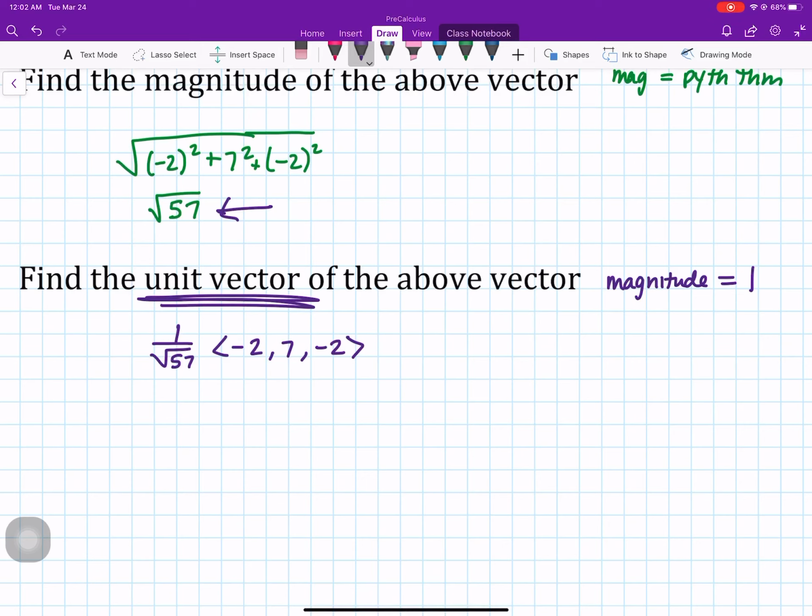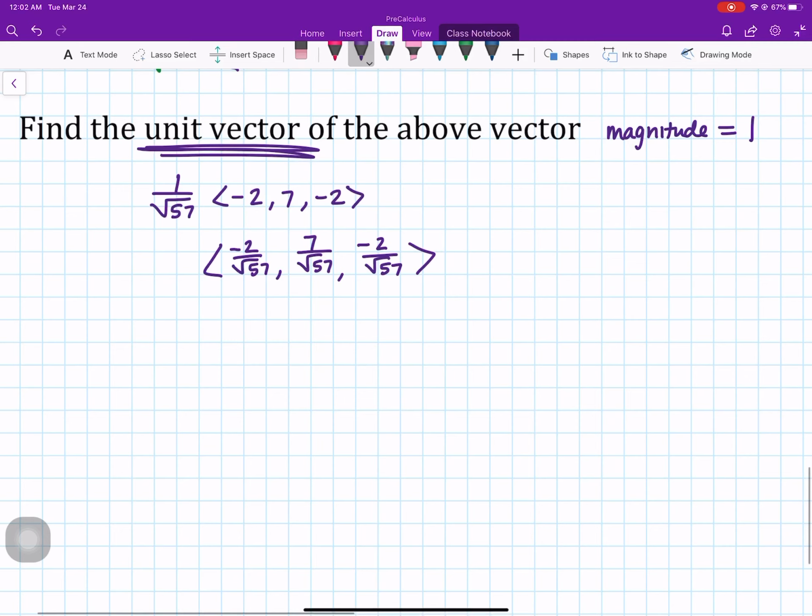When you do this, you are scaling down your vector to now make it have a magnitude of 1. It has the same direction, it has the same angle with the axis. It's just now 1 instead of the square root of 57. You're basically taking the square root of 57 and dividing by the square root of 57.